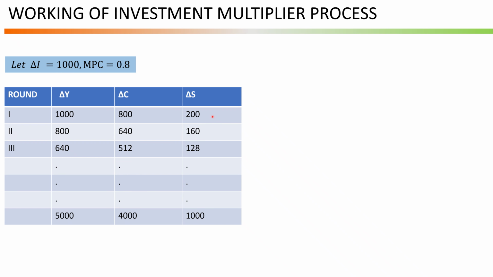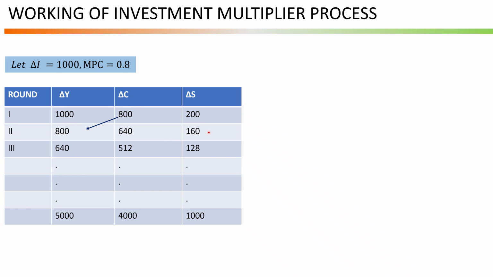Since one person's expenditure is another person's income, the consumption expenditure of 800 crores in round 1 becomes additional income of 800 crores in round 2. In round 2, again, 80% of 800 crores is consumed. So delta C is 640 crores and the rest 20% is saved. So delta S is 160 crores.